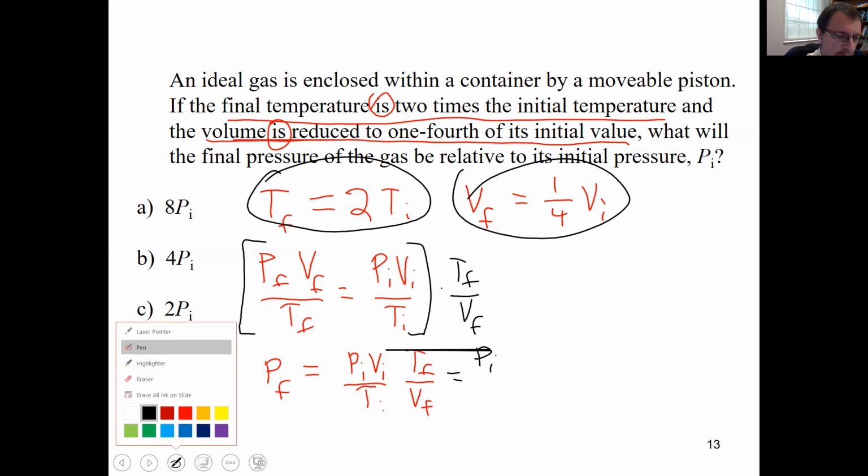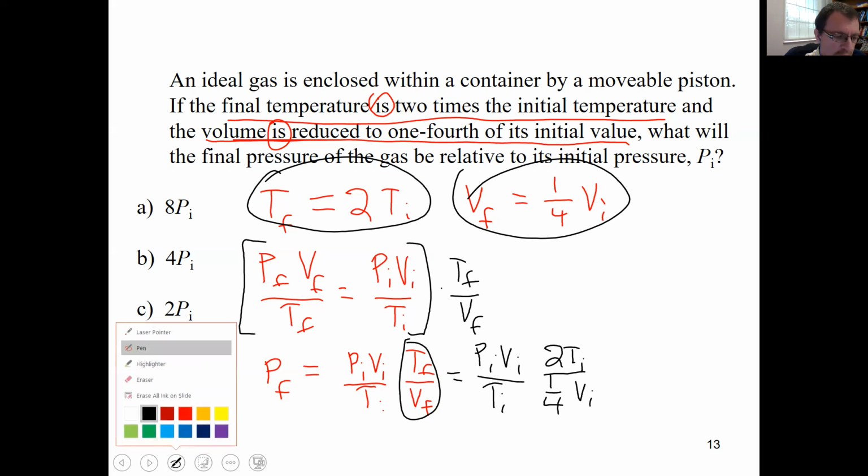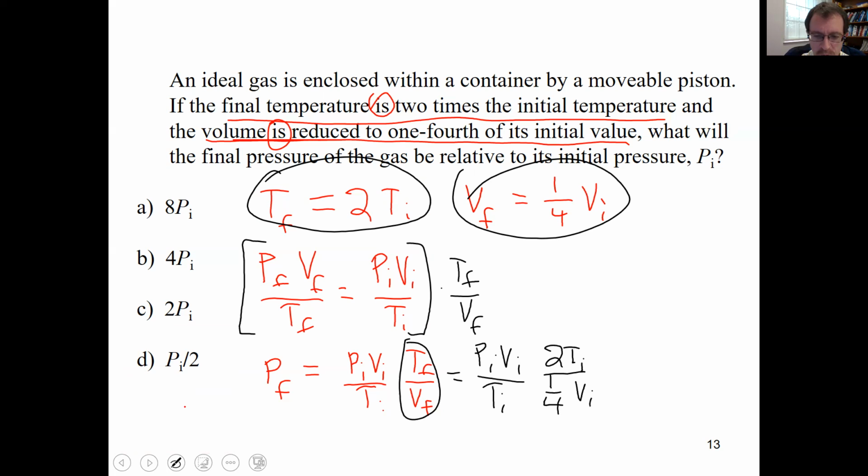P sub I V sub I over T sub I. And then our final temperature is twice the initial temperature, and our final volume is 1/4 the initial volume. So I've just plugged those in. Now if I look at what I have, I've got initial volume in the numerator, and it's going to get divided by initial volume.